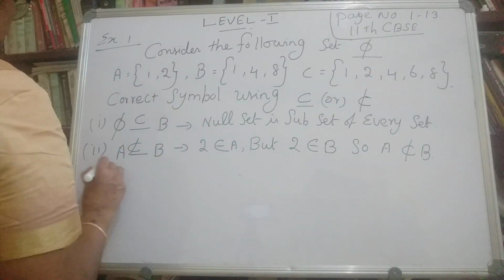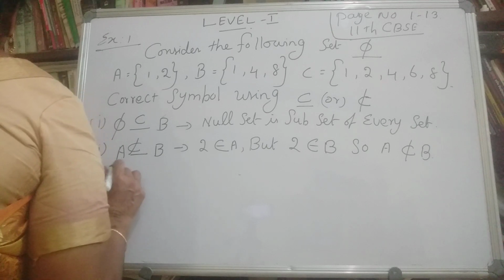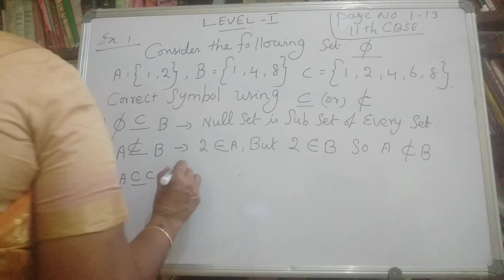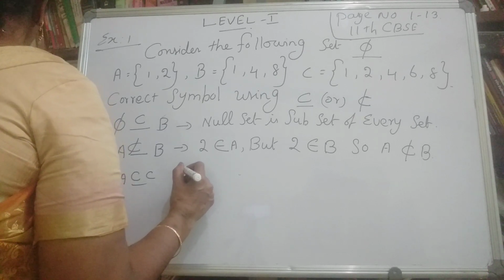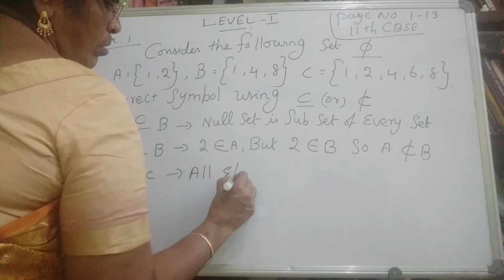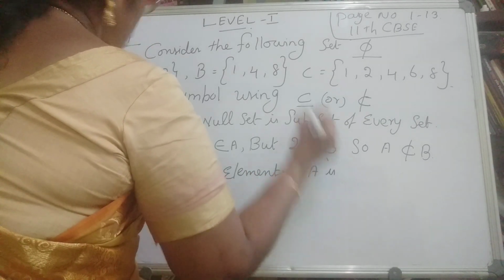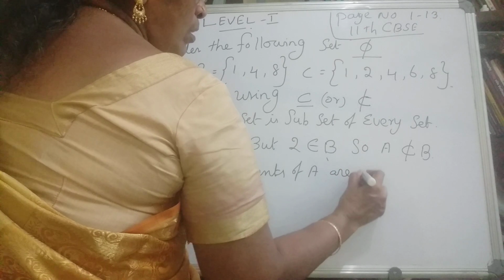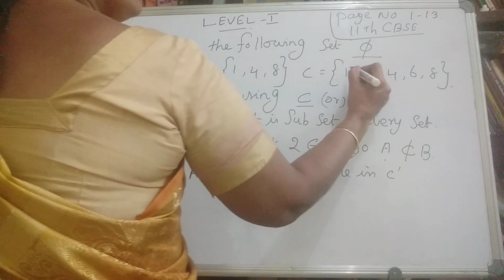Then the third question: A is a subset of C. All elements of A are in C. All elements 1 and 2, and C also has 1 and 2.